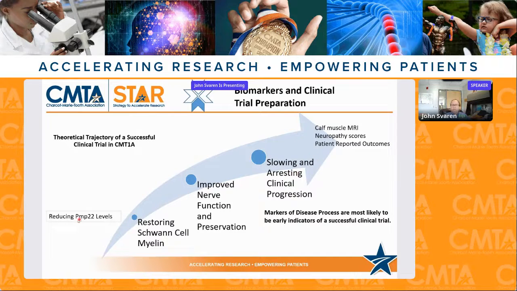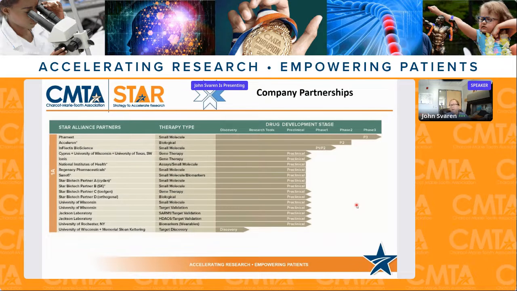But we need biomarkers all the way along this trajectory, which would allow companies to have an early assessment of whether their treatment is having some success at treating CMT1A. So again, we believe all of these outcomes are going to help us track successful treatments along this trajectory.